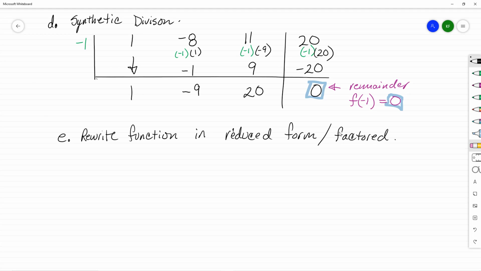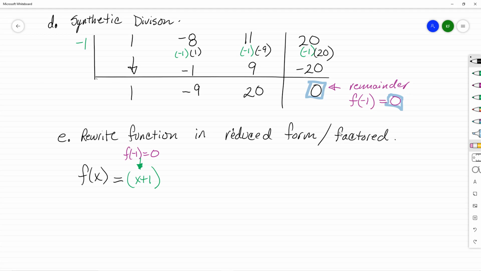Remember, I'm reminding you, f of -1 is 0. Thus, the factor is x plus 1. That's coming directly from the given solution that we found in the rational root theorem.